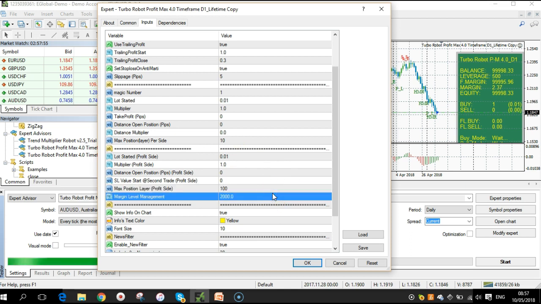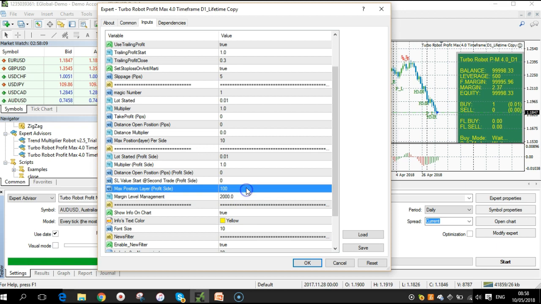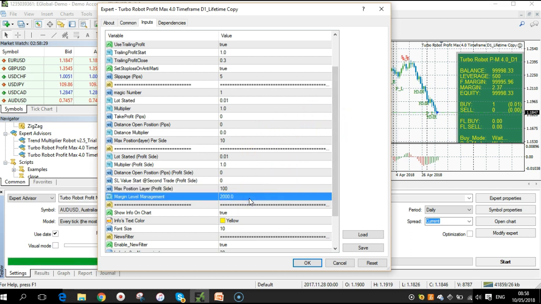So remember, next is margin level management. This is the portion where I don't want to trade any more. Let's say you don't want to open any trade after the martingale. If you have only one currency pair, so you have one buy and one sell, and you have small enough money, you will be triggered by margin level management.